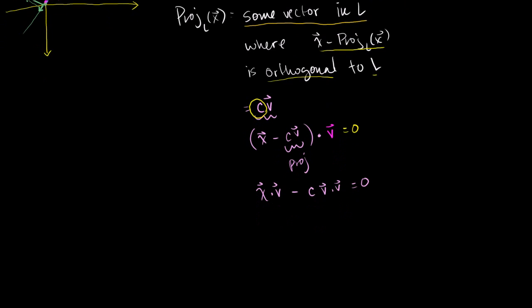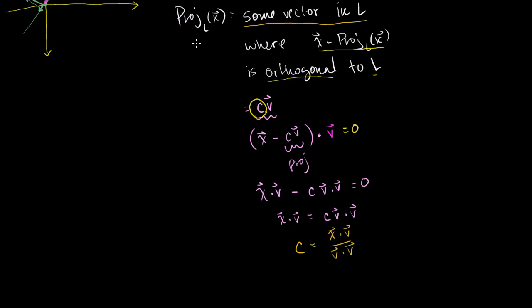If we want to solve for c, let's add c times v dot v to both sides of the equation, and you get x dot v is equal to c times v dot v. Solving for c, let's divide both sides of this equation by v dot v. You get c is equal to x dot v divided by v dot v. Now what was c?